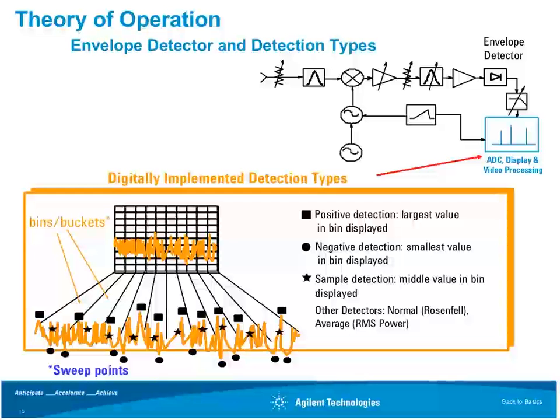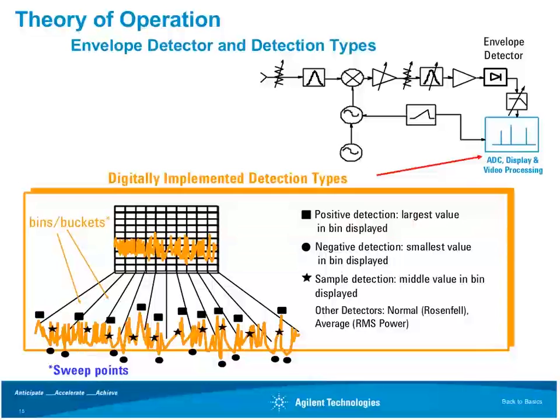Now, detection is an interesting topic because there's a lot of different ways that you could detect the signal. So let's say that here on our display, since it's always a digital display, really what we're doing is we're dividing the display into a bunch of fine-grained tiny frequency slices that we call frequency bins or buckets. The number of buckets across the screen can vary.